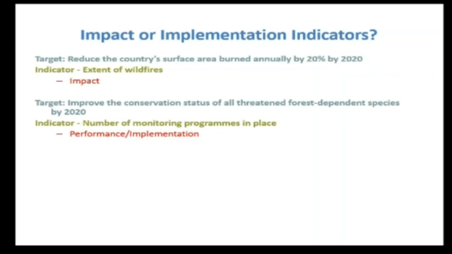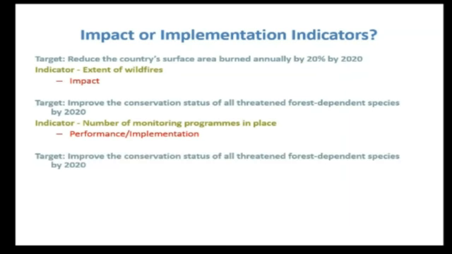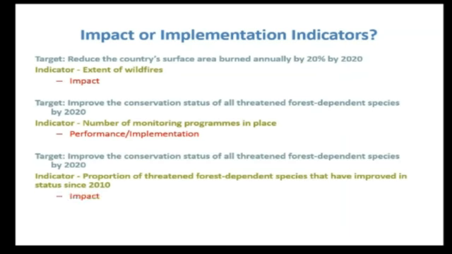And so that's a performance or implementation indicator. It's measuring the action that's going to be taken place, but it's not measuring the forest dependent species, which would be this would be the impact indicator, proportion of threatened forest dependent species that have improved status since 2010. That would be an impact indicator for that.